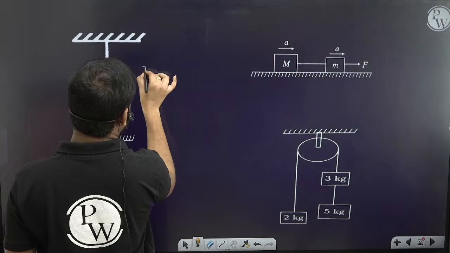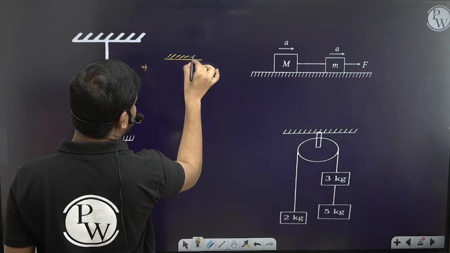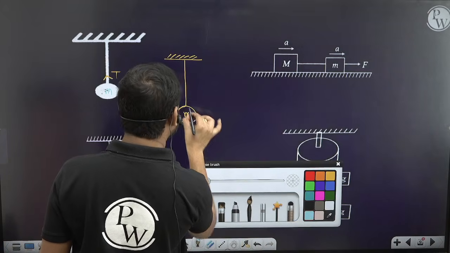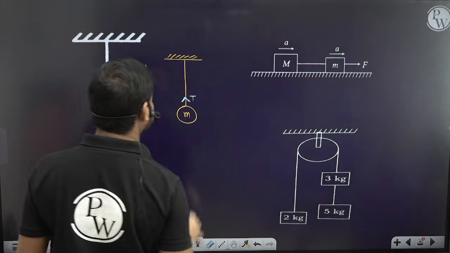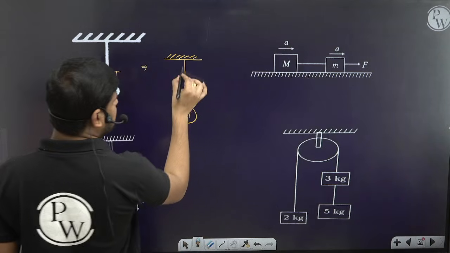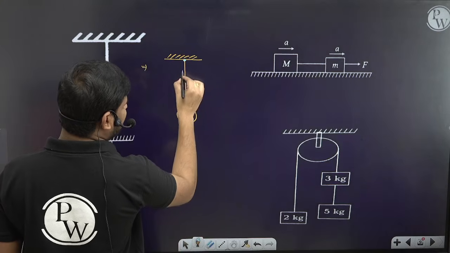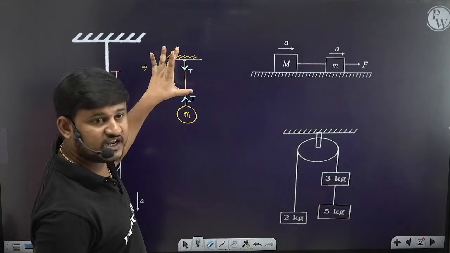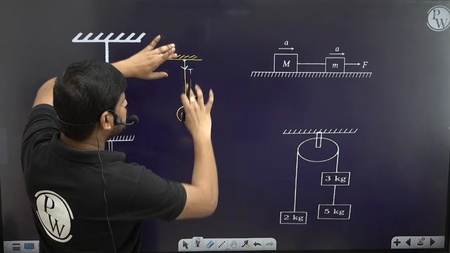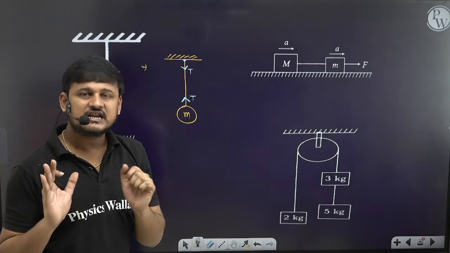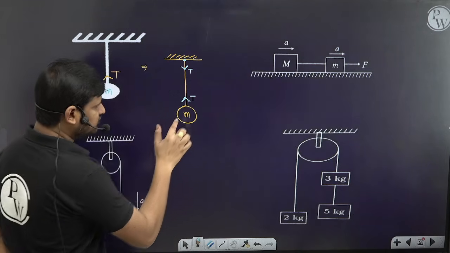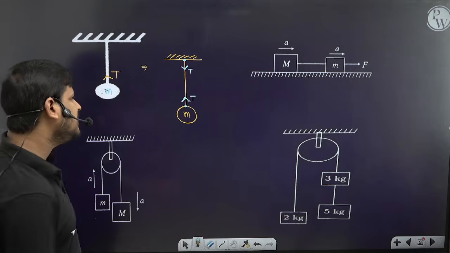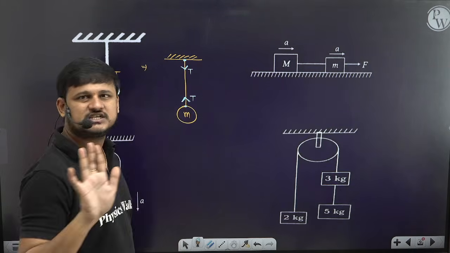Let me draw this again: a fixed support, a string, and the body of mass M. The tension acts away from the point of contact, and this fixed support is also a point of contact, so it acts away from it. If there is no object in between, the tension throughout that string remains the same. Yes or no? From here to here there is no object in between, so the tension throughout the string remains the same.